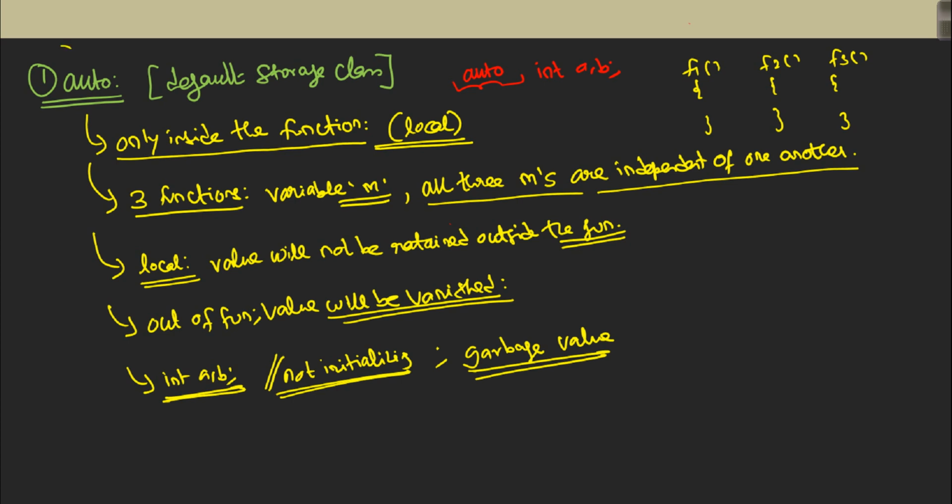So the one important thing to keep in mind is that this is very similar to a local variable. When you use the same variable name under different functions, each variable is separate and does not have a life outside the function. If we are not initializing them, a garbage value will be assigned.